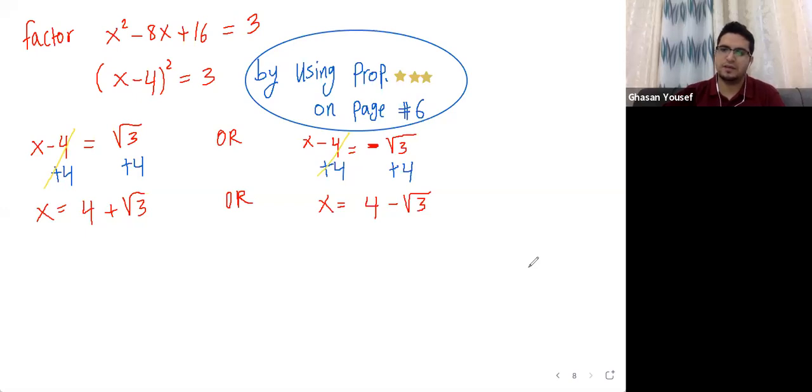We have 3 ways for solving it. The first one is by using factoring, and I gave some examples. The second way is by using the quadratic formula, and I gave the quadratic formula and the discriminant. And the last way is by completing the square.